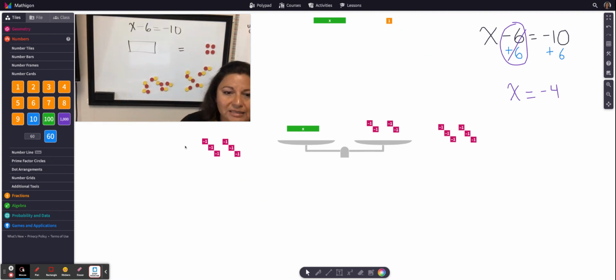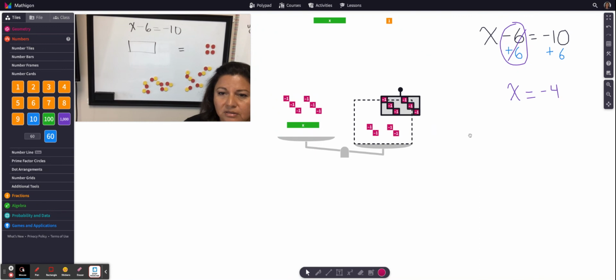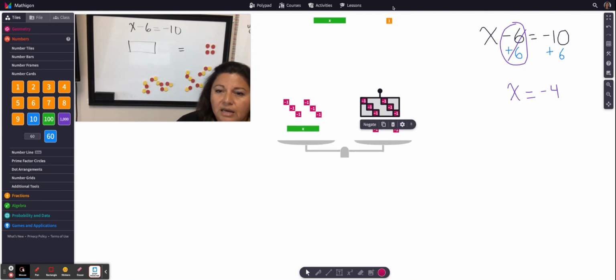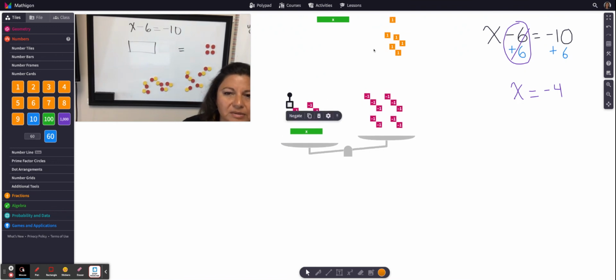You could have also done the same thing over here. Let me take these back. If I want to make the connection with what's going on in my equation, I could grab 6 of these. Let's see, 1, 2, 3. I could grab 6 of these. And what happens when I put them in here, notice that they make a 0.